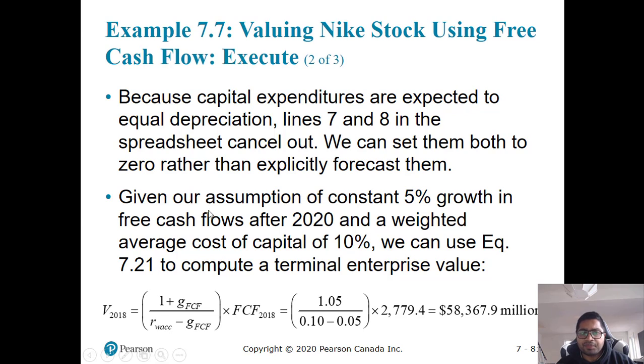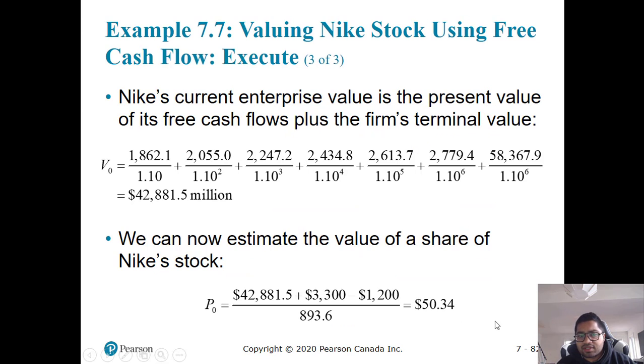We set them to 0. Given our assumption of 5% constant growth rate after 2018 and weighted average cost of capital of 10%, we use the equation: value in 2018 equals cash flow in 2018 times 1 plus growth rate, divided by WACC minus growth of free cash flow. So 1.05 divided by 0.10 minus 0.05 times cash flow in 2018, which is $58 million, right?